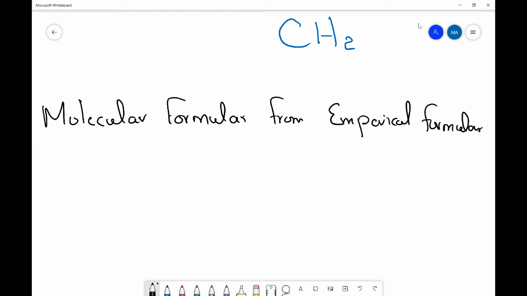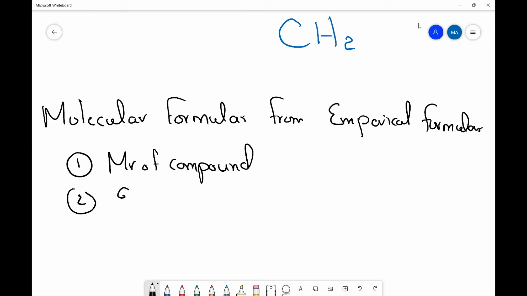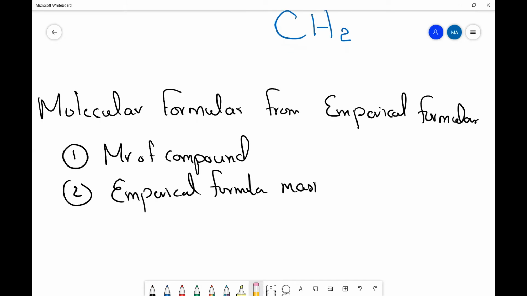So the data that you need to know is the MR of the compound, the empirical formula mass, and obviously the empirical formula as well. You can further calculate the mass from that formula. So these two things are very important.